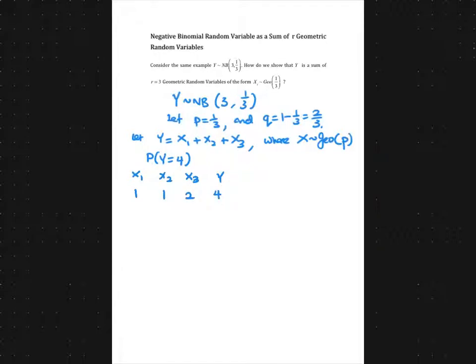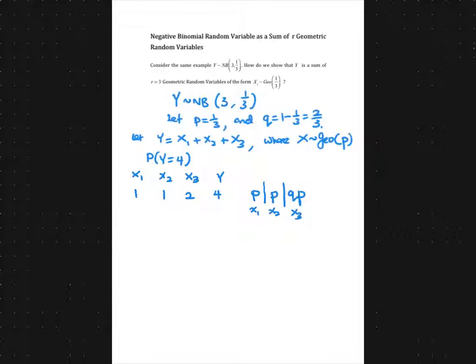So we have a success in the first attempt, followed by a success in the first attempt, followed by a success in the second attempt. So it's a sum of 3 geometric, X1, X2 and X3. And this gives us Y equals 4.